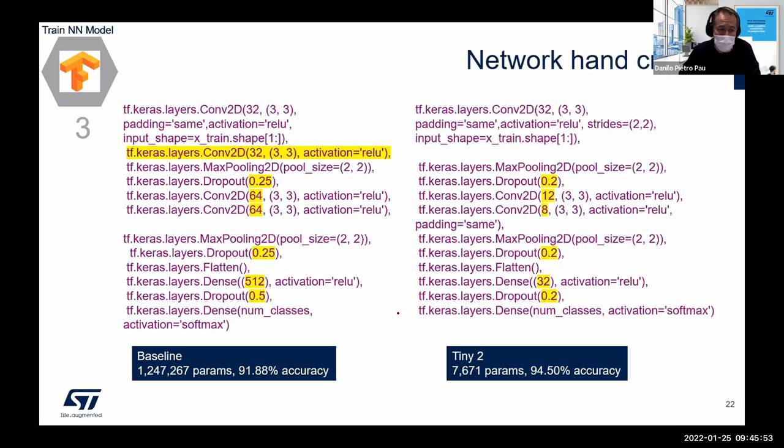They were 1.2 million, so 5 meg, now in this tiny model, with nice accuracy, measured on the data set, which is public, I showed before, you can freely download, is about 7,000. 7,000 parameters, if I quantize to integer, are 7.6 kilobytes of flash, which is a very nice result compared to the 5 meg. Should I stop here?